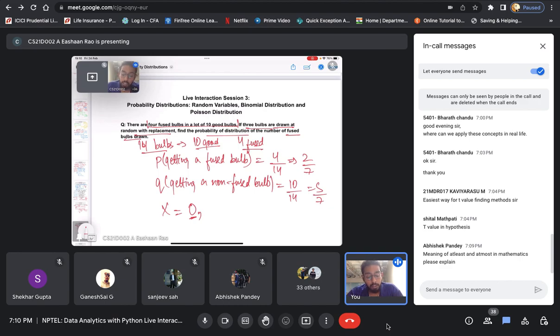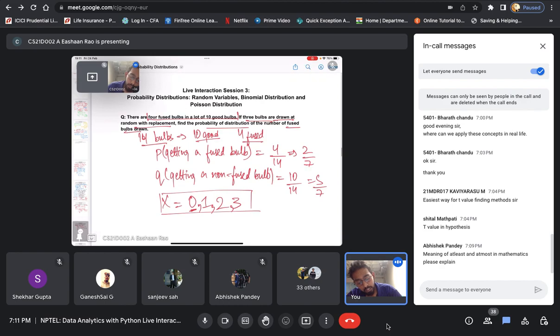If 3 bulbs are drawn, at least 1 bulb is fused, that is one scenario we have to take. 3 bulbs are drawn, 2 bulbs are fused, that case. And when 3 bulbs are drawn and all 3 are fused, this case. So we have to find the probability for the random variable values 0, 1, 2, 3.